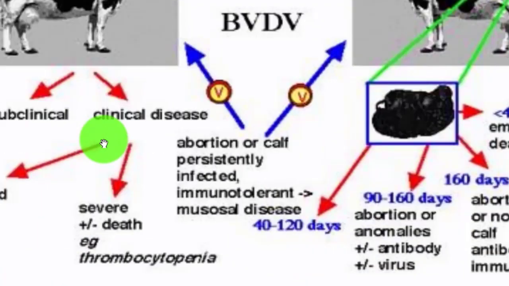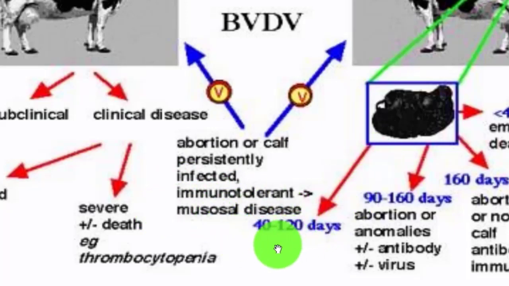Here, bovine viral diarrhea as an example of vertical transmission.